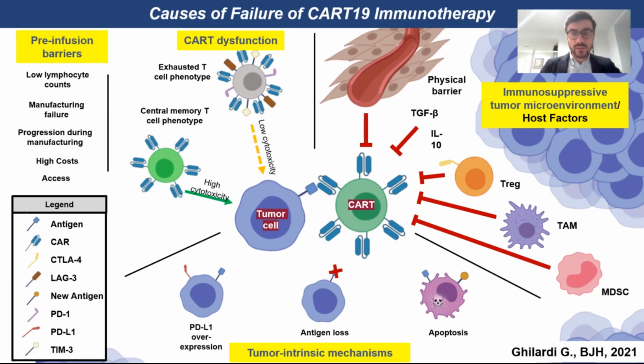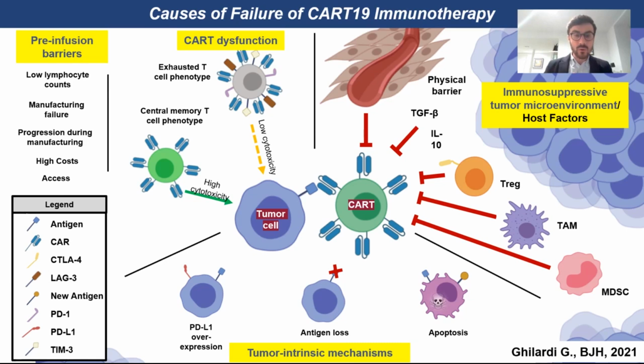The second mechanism is the role of the tumor microenvironment and host factors in general. We know that within the tumor or within cancer patients, there are a lot of inhibitory factors like T regulatory cells, tumor-associated macrophages, myeloid-derived suppressive cells, and so on, that can cause significant inhibition of T-cell function.